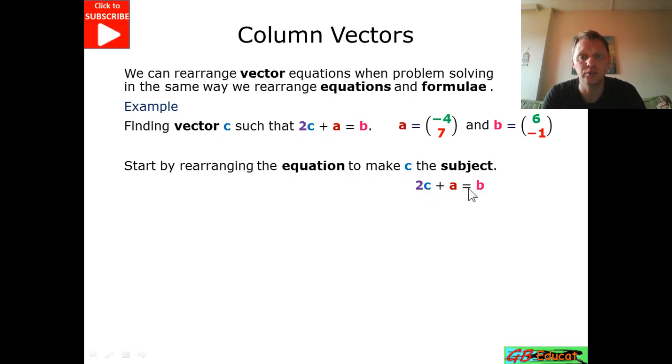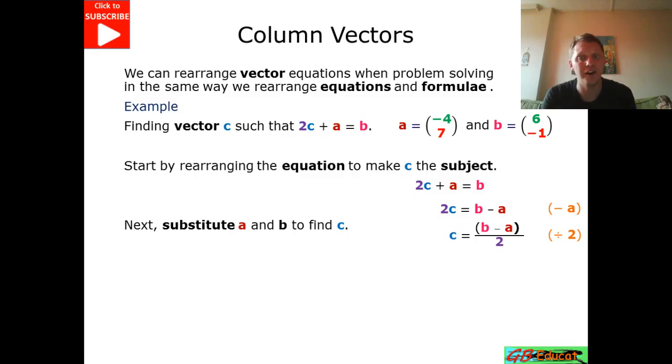So starting off with 2c plus a equals b, if I subtract a from both sides, I've got 2c equals b minus a. Now, if I divide both sides by 2, I've got c on its own on the left-hand side. On the right-hand side, I've got b minus a over 2, so halved.